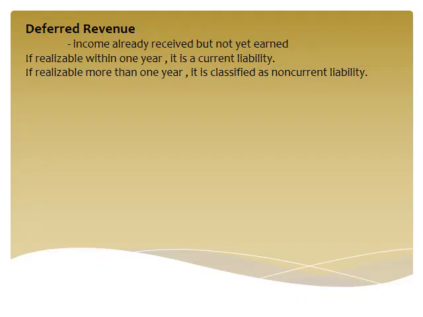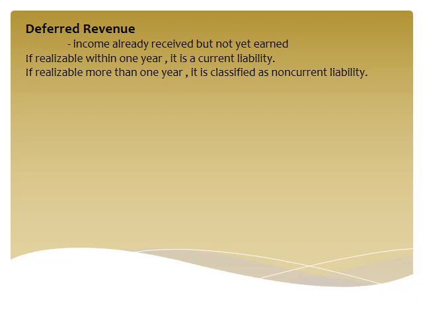Another example of liability are deferred revenues. Deferred revenues are income already received but not yet earned. So if it is realizable within 1 year, it is a current liability. But if it is realizable more than 1 year, it is classified as non-current liability.